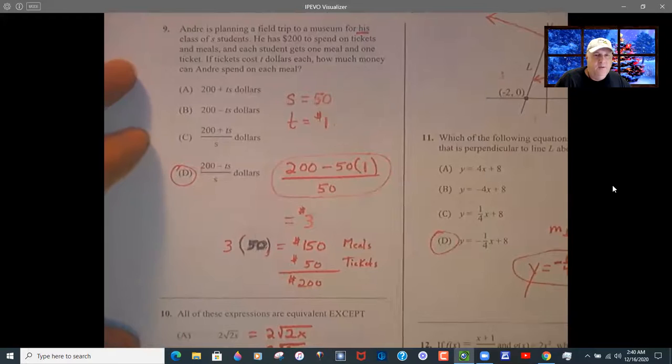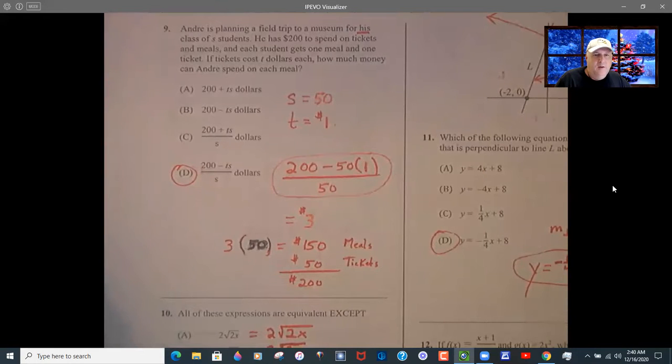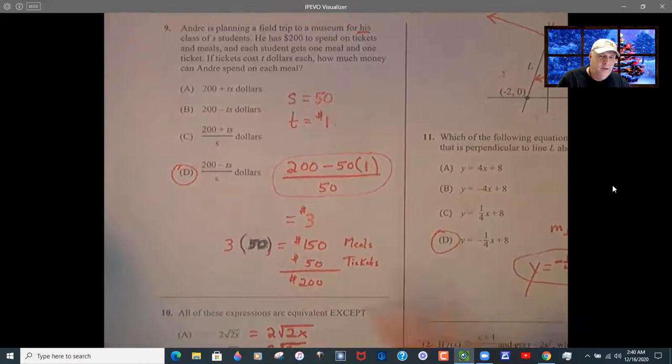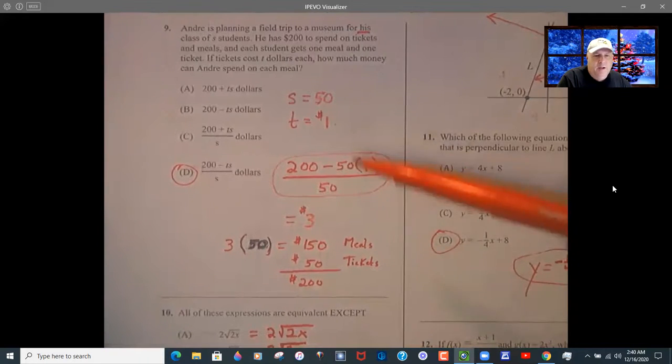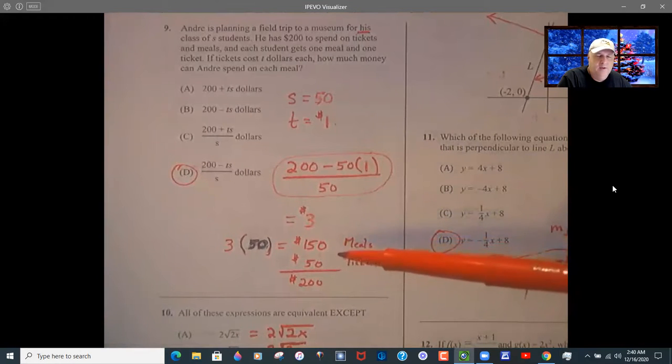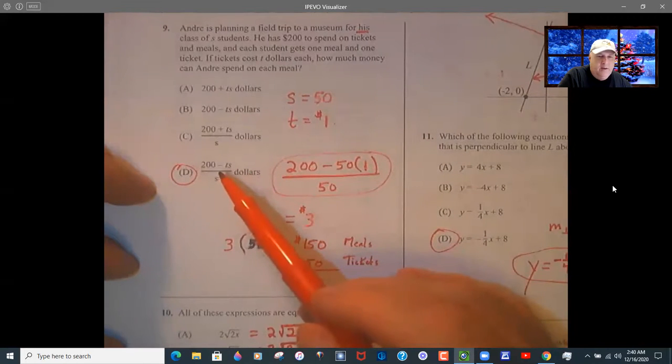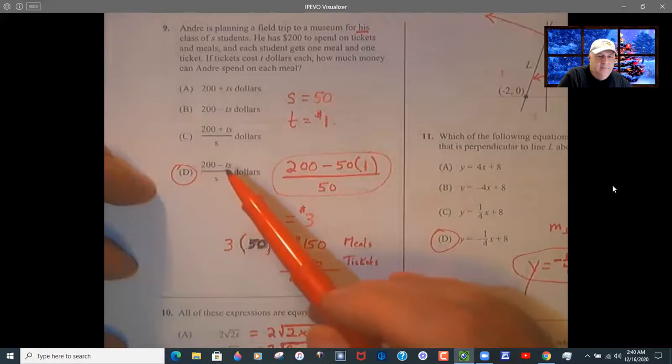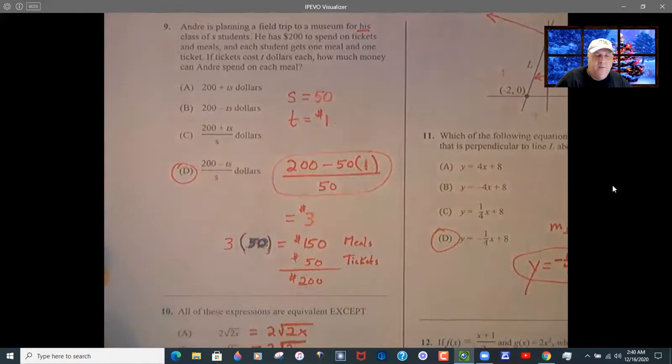Problem 9, this one is a thinker. So how much money can Andre spend on each meal? So you have to figure out, I use some numbers here, but you have to really think about, all right, how much does he have left after he spends the money on tickets? So number of students times the value of each ticket. He's at $200 total. So if you take that difference, that's the amount of money he has left to spend on meals. And so per meal, you would divide by the number of students.